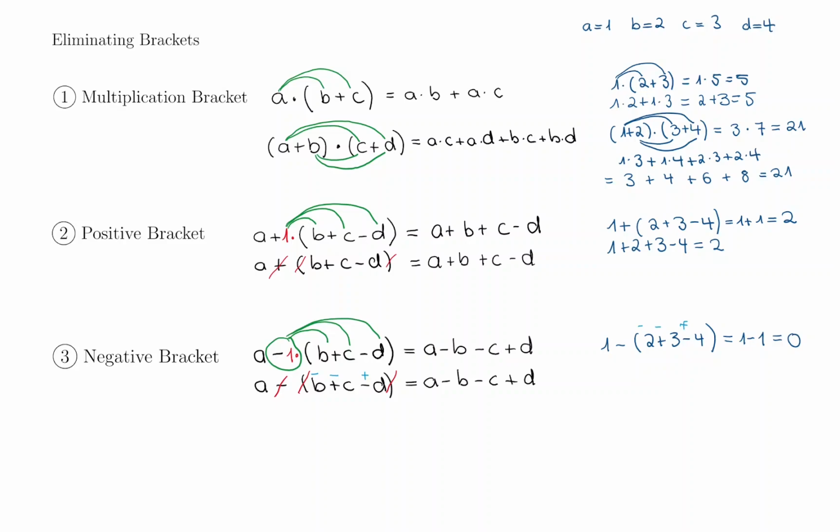So we then would have 1 minus 2 minus 3 plus 4. So 1 minus 2 is minus 1, minus 3 is minus 4, plus 4 is then 0. So we do get the same result.